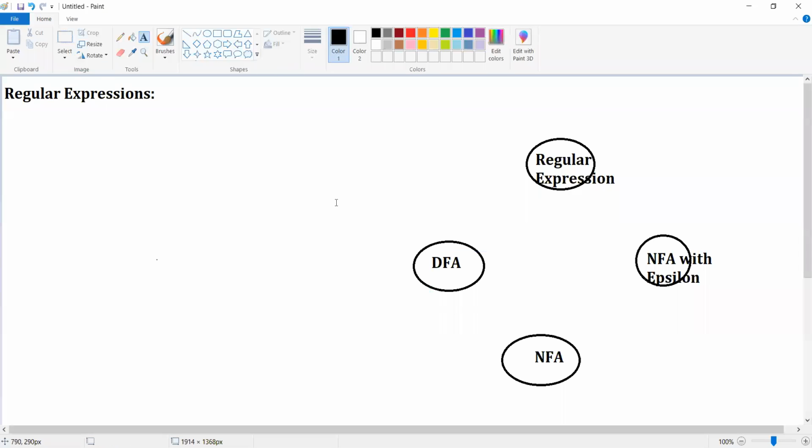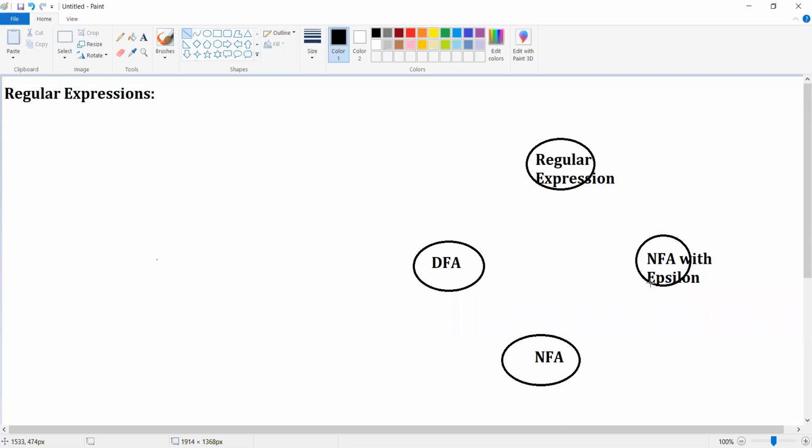Now let me tell you why I am drawing all these things. Even though all these four are different topics, they are correlated with each other. Let's try to understand how.